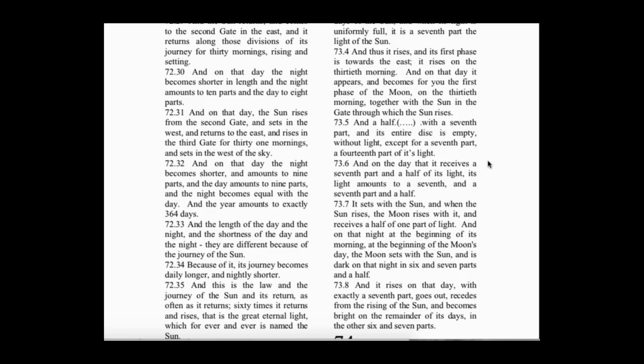And thus it rises, and its first face is towards the east, and it rises on the 30th morning. And on that day it appears and becomes for you the first phase of the moon on the 30th morning, together with the sun in the gates through which the sun rises.